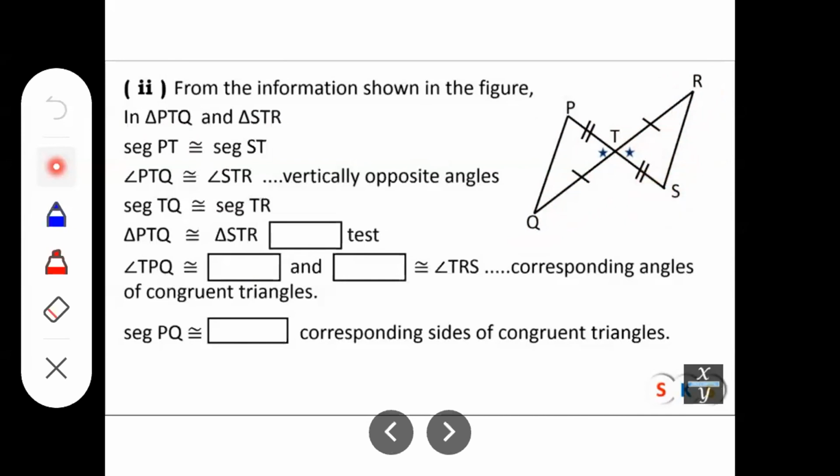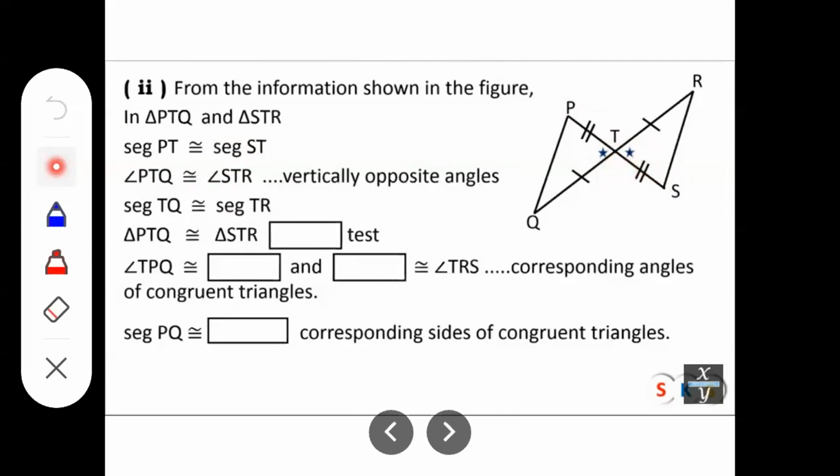Now, which are the congruent parts given? Segment PT is congruent to segment ST, marked by the same sign. See the double lines for both the segments.